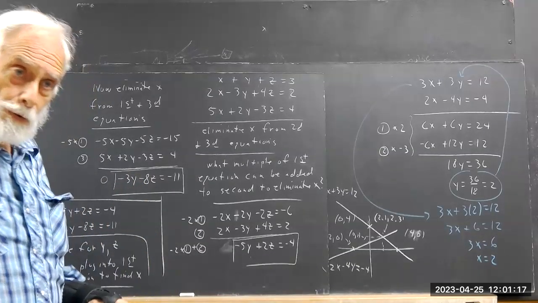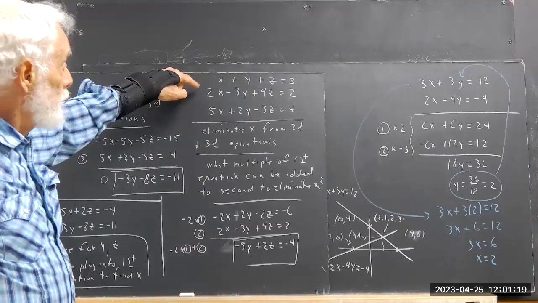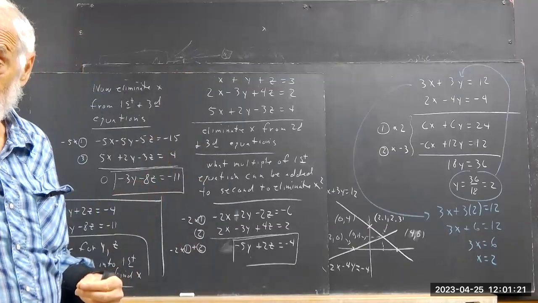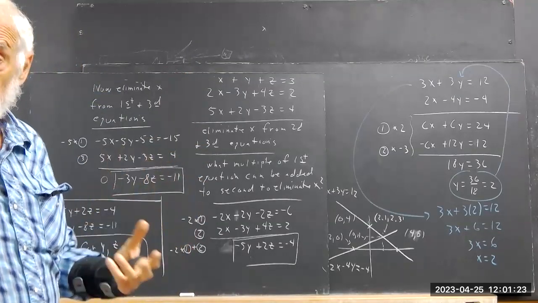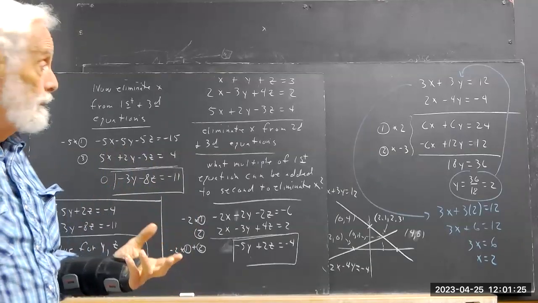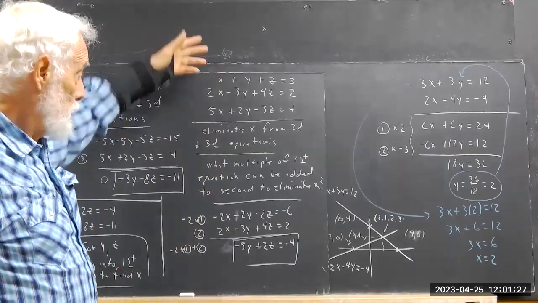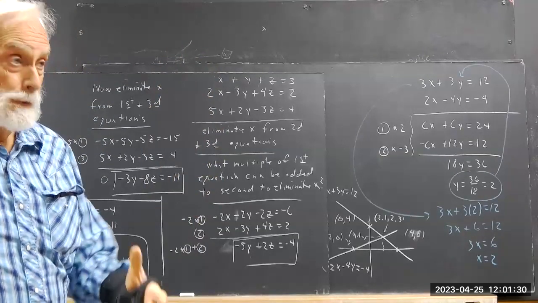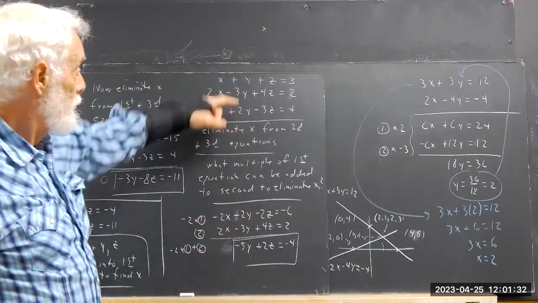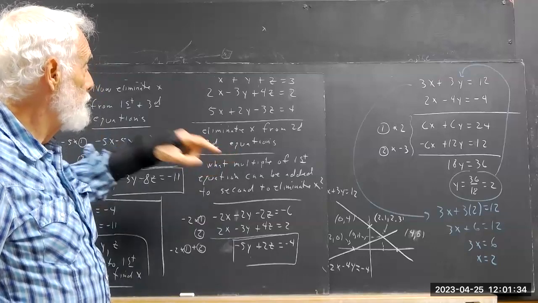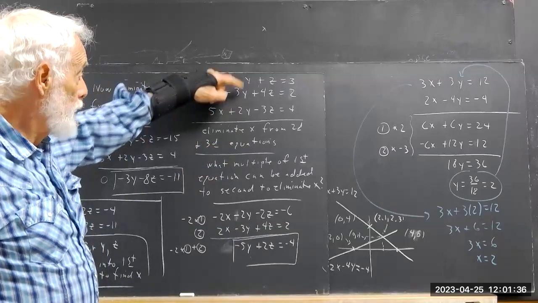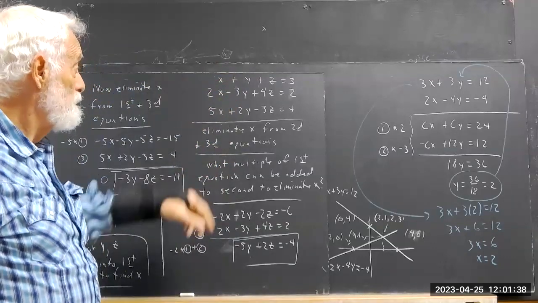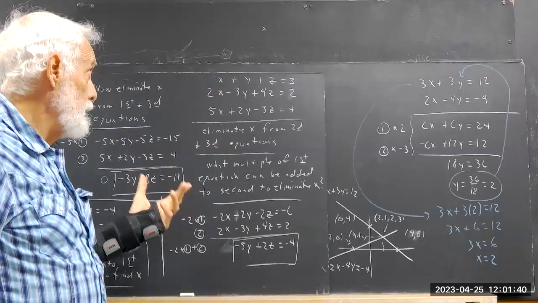So what it comes down to is when you have three equations and three unknowns, you pick a variable to eliminate. In this case, we went ahead and picked x. But at least one person noticed that he could pretty easily eliminate y between two of these equations.